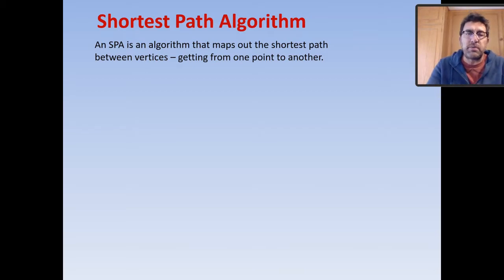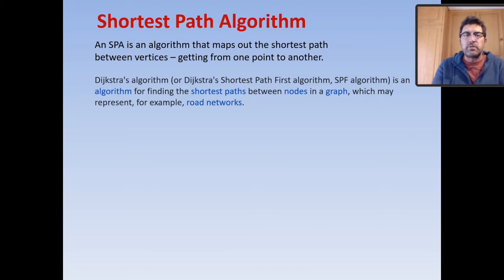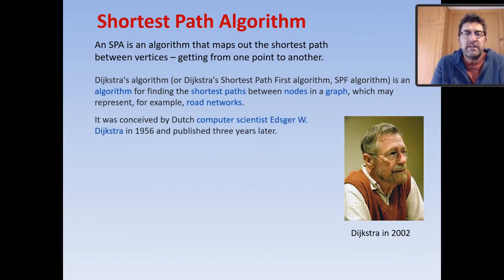Okay, so let's look at a shortest path algorithm now. In a shortest path algorithm, we map out the shortest path between vertices on a graph, getting from one point to another point. The person that gave us the tools to do this is Dijkstra. Dijkstra's Algorithm is an algorithm to find the shortest paths between nodes in a graph, which may represent, for example, road networks.